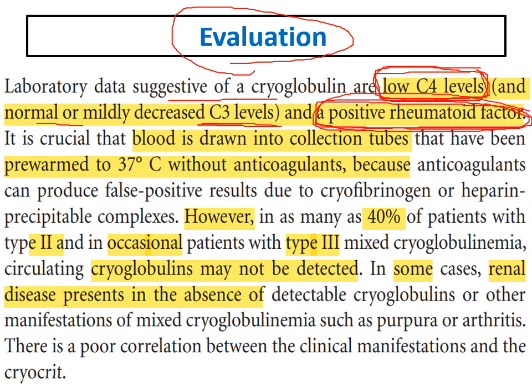How to collect a blood sample to detect cryoglobulins? This is very important, very crucial, because there are many mistakes that can result in a negative test. The patient can have cryoglobulins and the result come back negative due to poor collection of samples. Blood should be withdrawn in collection tubes that have been pre-warmed to 37 degrees.